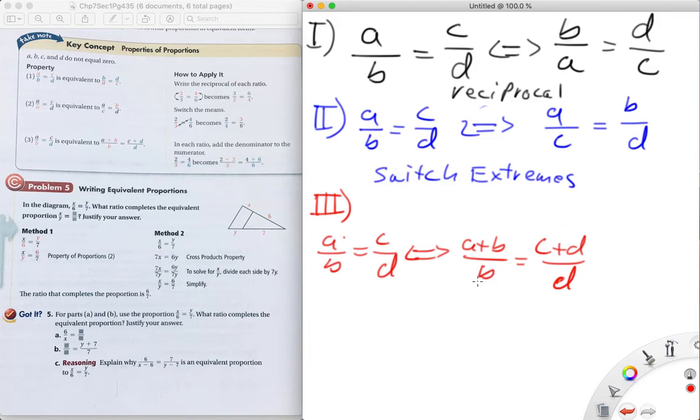The denominator is B, I added it up top. The denominator is D, and I added it up top. And these guys are equivalent.